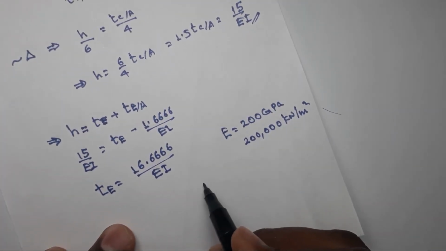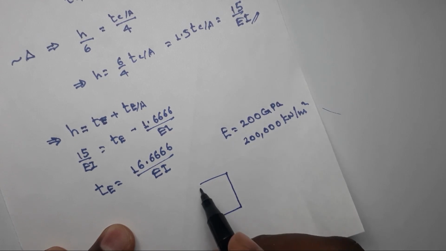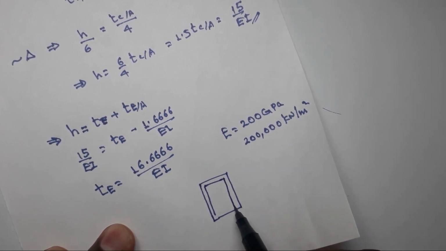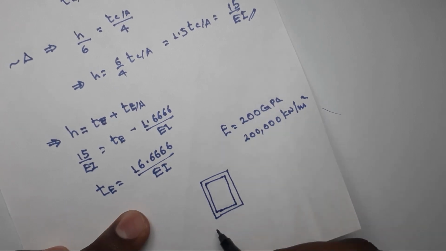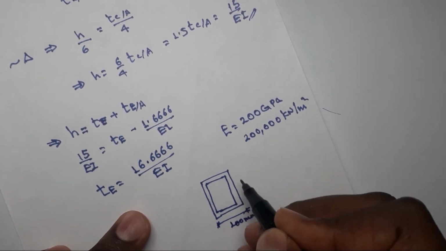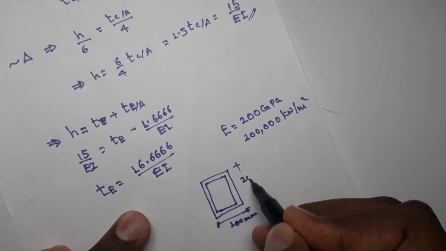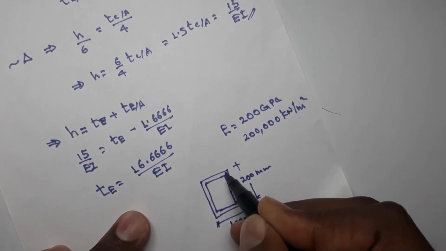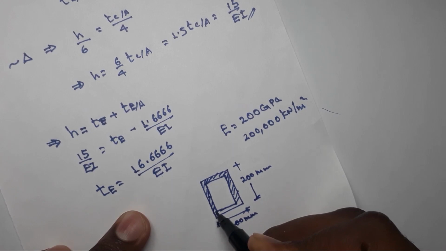Now we have a cross section that's like this, a rectangular hollow section. So here you have a breadth, you are given here to be 100 millimeters, and here you were given 200 millimeters, and the thickness is only 5 millimeters.